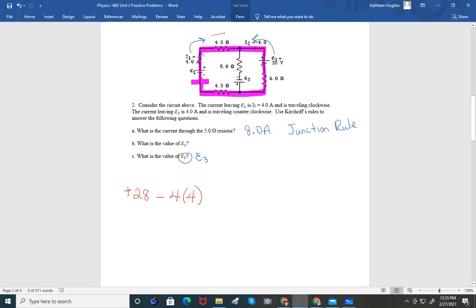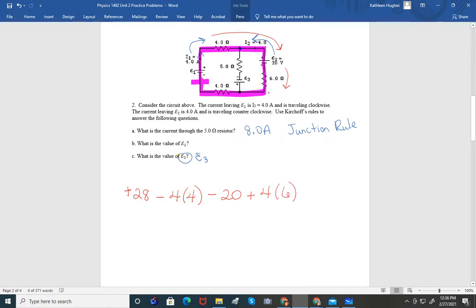But notice when I go across here, all of a sudden I'm going opposite the current. That means I'm going from high to low in this battery. So instead of going up 20, I actually am going to go down 20. Then when I go through the resistor, instead of going down 6 times 4, I'm actually going to go up 4 amps times 6 ohms.